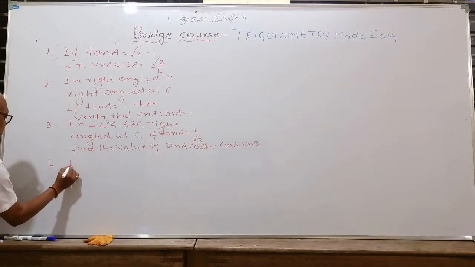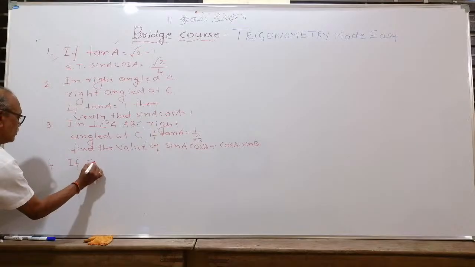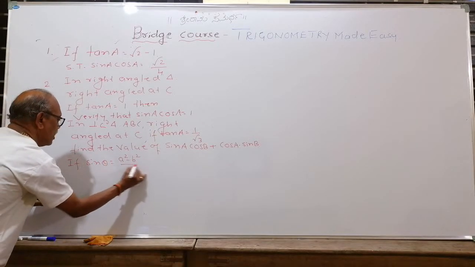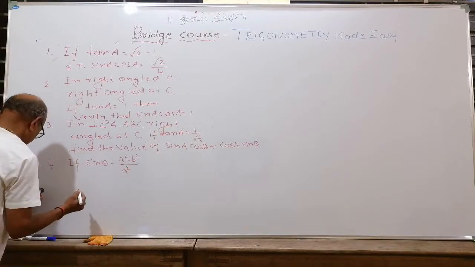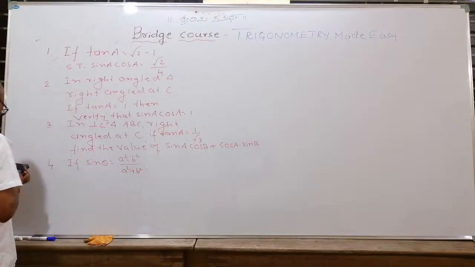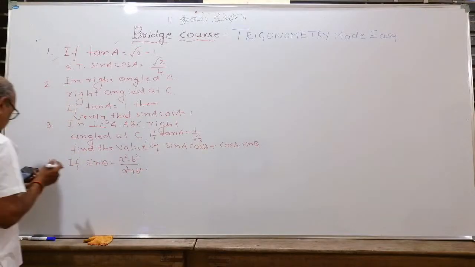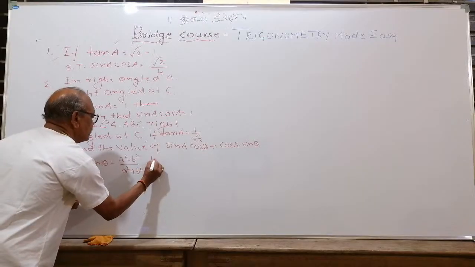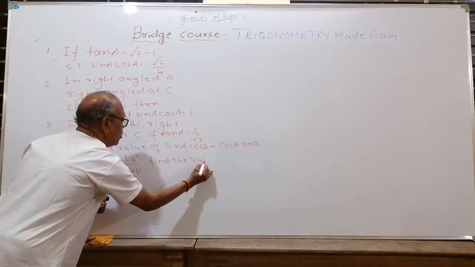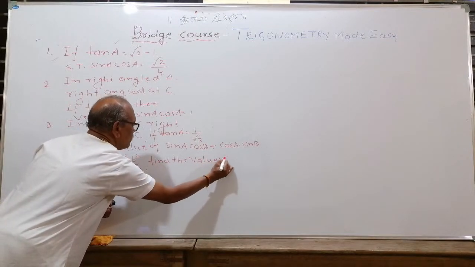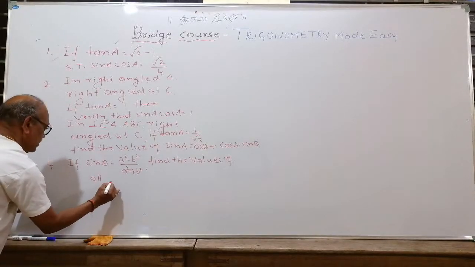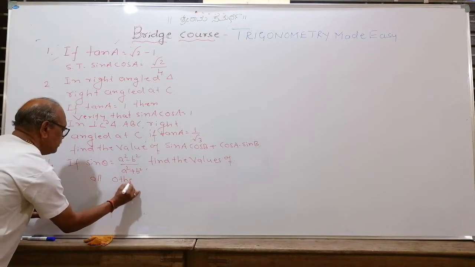If sin theta is equal to A square minus B square upon A square plus B square, find the values of all other t ratios. These are the homework given to you.